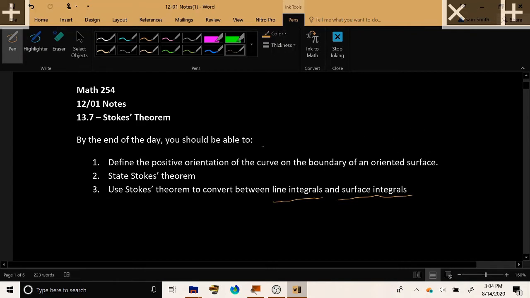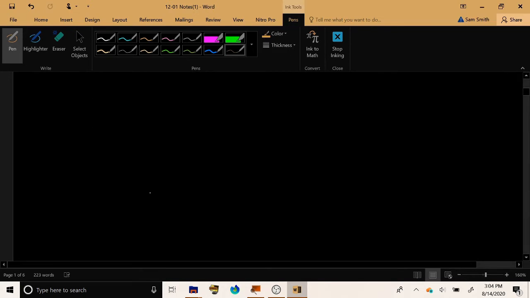There's an orientation of the boundary curve that matches the orientation of a surface, and we're going to need to talk about that. Then, once that's done, we can state Stokes' Theorem, and then we'll be able to use Stokes' Theorem in a couple of examples to convert between line integrals and surface integrals.